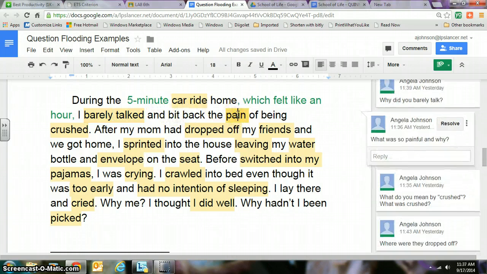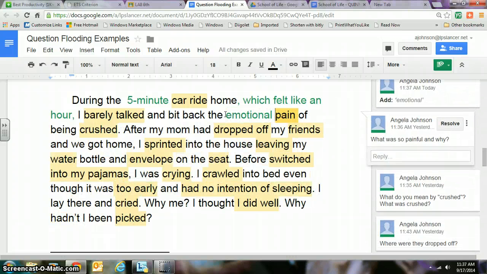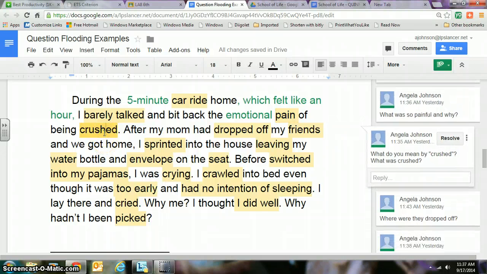I bit back the pain of being crushed. The pain. What was so painful and why? I think I'm going to add emotional. Because I want them to know it wasn't physical pain, that I was feeling emotional pain because I didn't make the team. Of being crushed. Now crushed says, what do you mean by crushed?